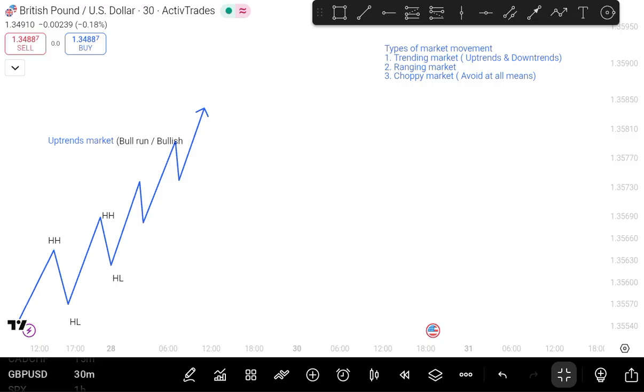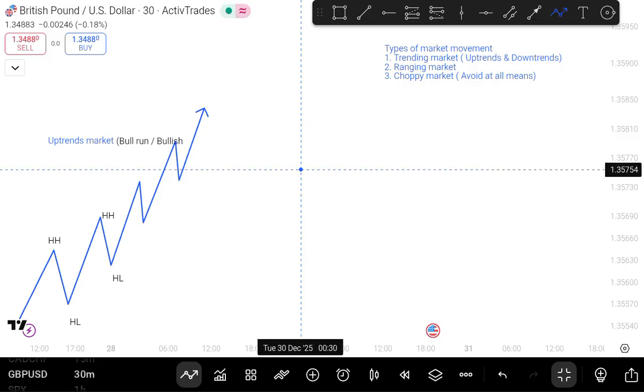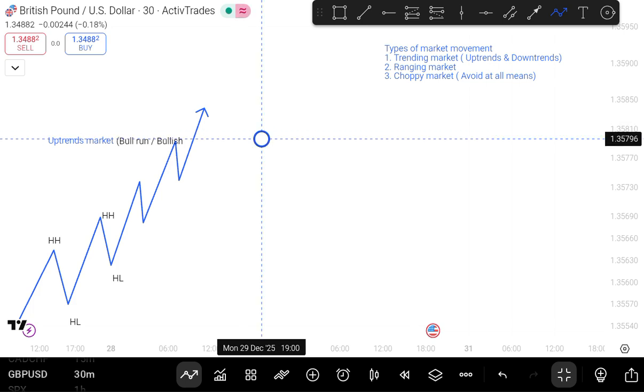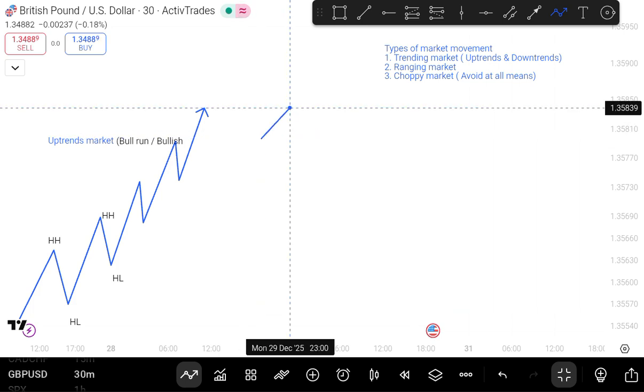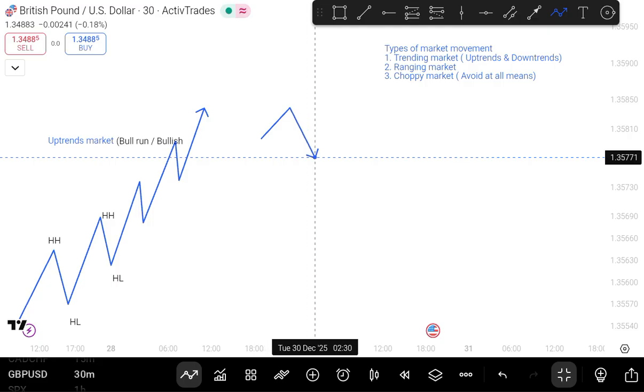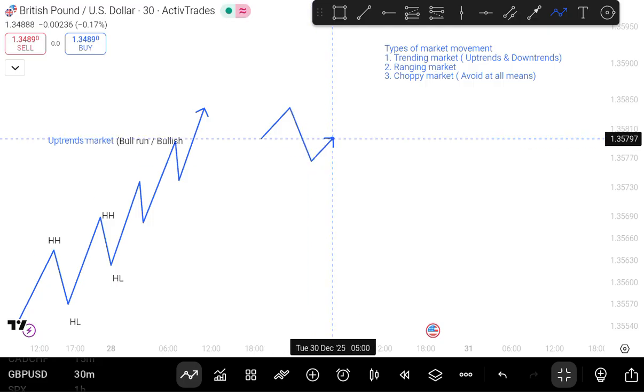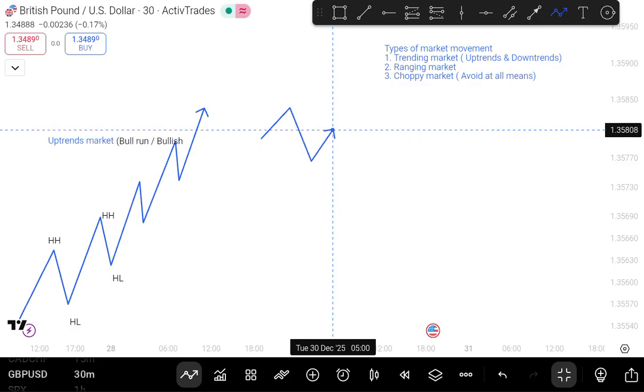Now, let's go to the second type of trending market, which is the downtrend market. The downtrend market will come from something like this.